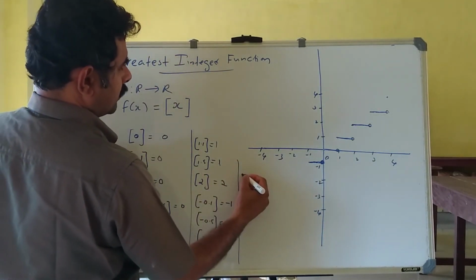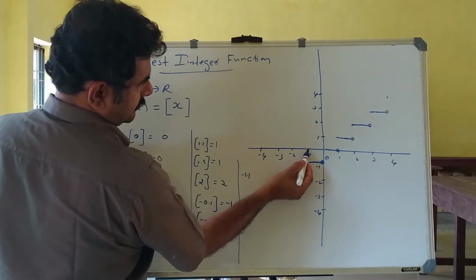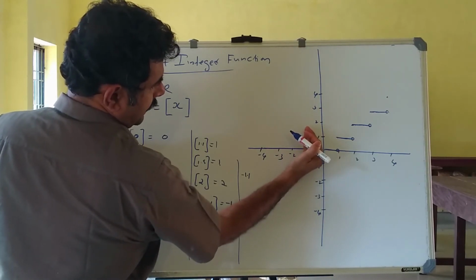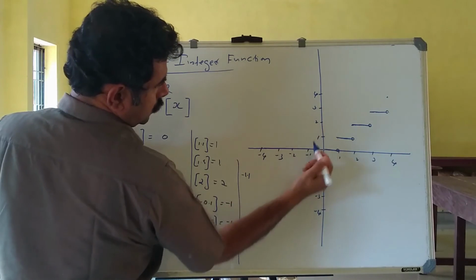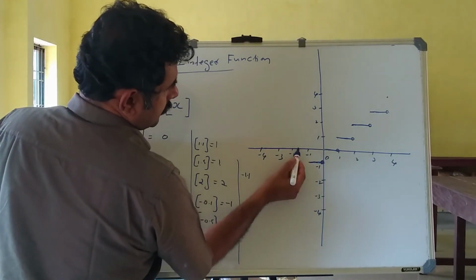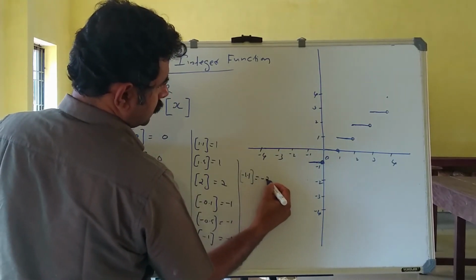The greatest integer value for minus 1.1: minus 1 is here, minus 1.1 here. Up to minus 1.1, the greatest integer value is minus 2. So here minus 2. For this point, this is minus 2.